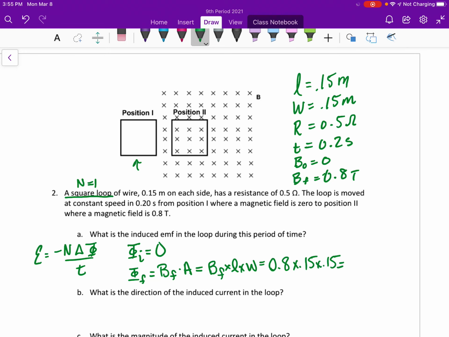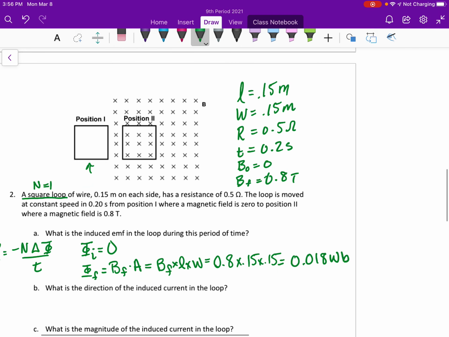That tells us that our flux is 0.018 Webers. Since the initial flux is 0, this whole thing is our delta flux, so 0.018 Webers is our change in flux.